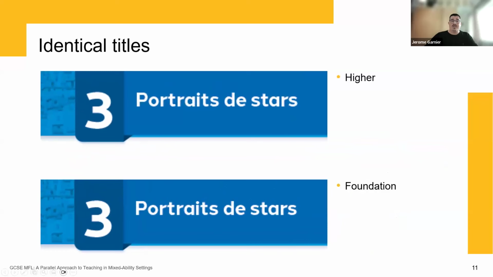You can see, for example, that we have used identical titles in higher and in foundation books, because it's quite important that teachers are able to reuse the same title if they have a group of students who use higher and some students who use foundation. We thought it was very important for planning.